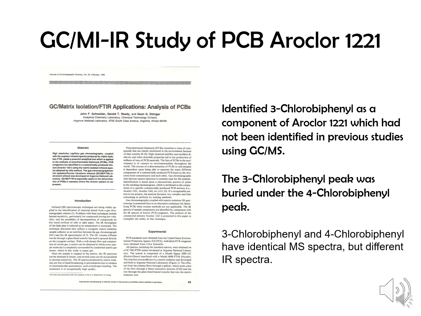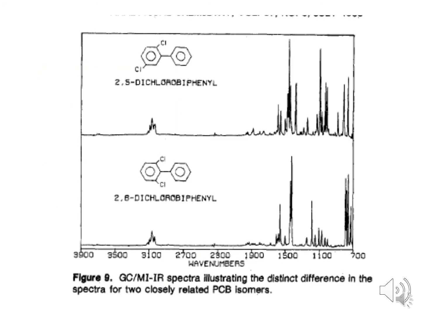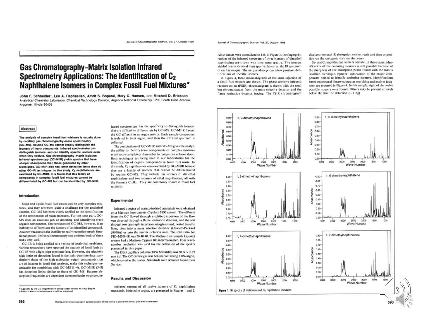With mass spec, this was not something that was easily done. Mass spec had been used previously, and it was missed because the 3-chlorobiphenyl was co-eluting with 4-chlorobiphenyl, and the mass spectra are identical. So there are some other specific isomers here too.